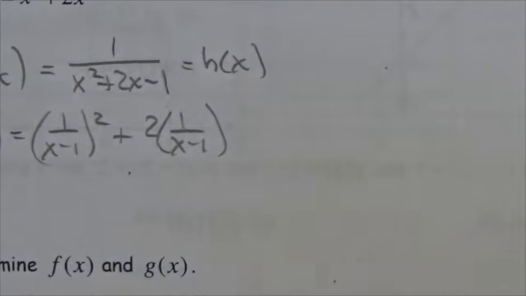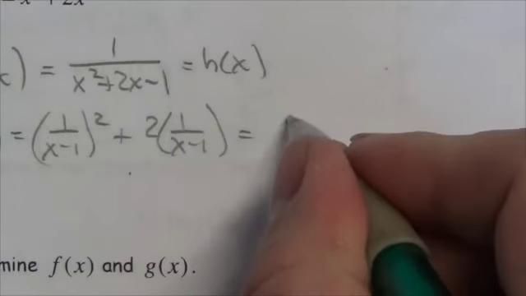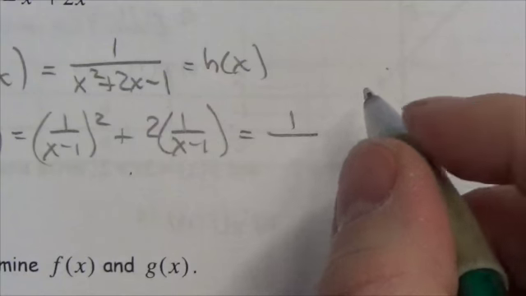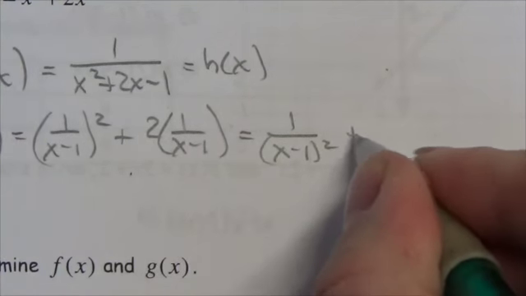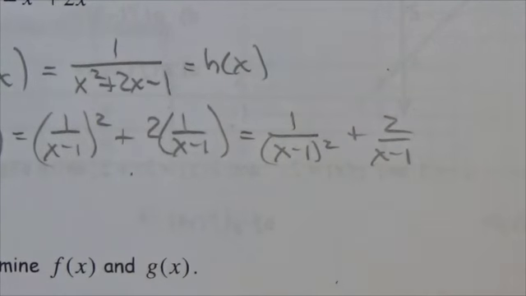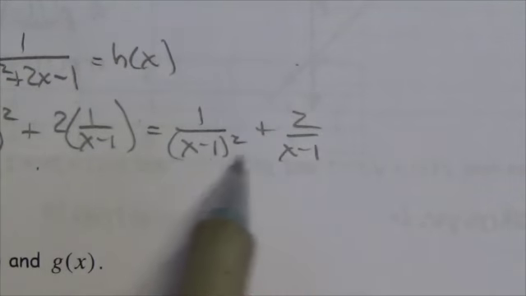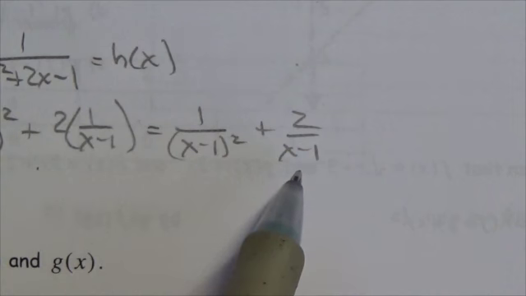Okay, I'm going to need a little bit more room here. So this is going to be 1 over x minus 1 squared plus 2 over x minus 1. I'm going to have a common denominator of x minus 1 squared, which means I have to multiply this by x minus 1.